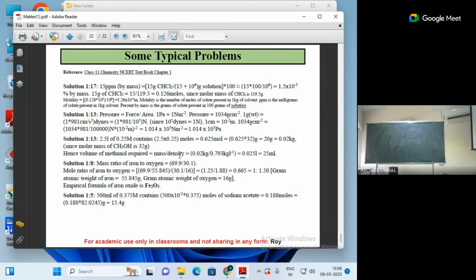One chlorine atom weighs 35.5 grams, and one hydrogen atom weighs 1 gram. So 1 gram of hydrogen will react with 35.5 grams of chlorine to produce 1 mole, 1 molecule of HCl. That is, 1 equivalent of hydrogen will react with 1 equivalent of chlorine to produce 1 equivalent of HCl.